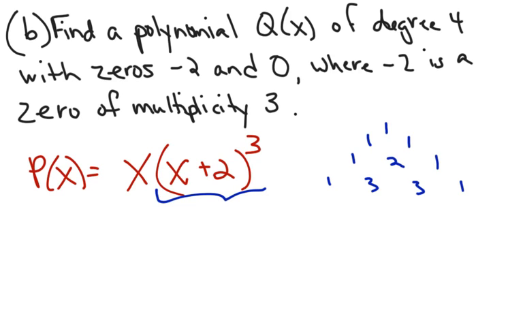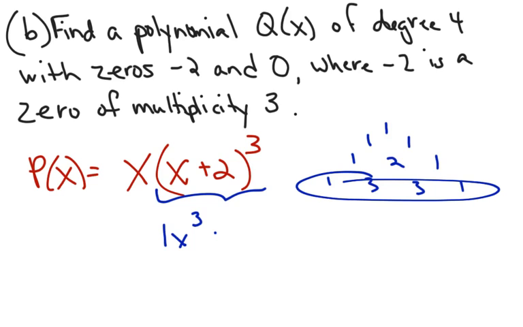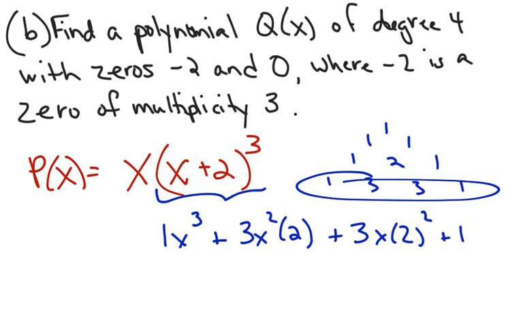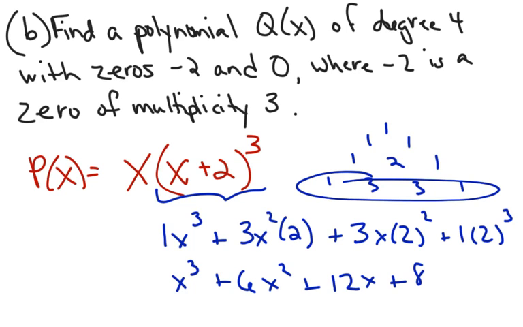So raising something to the third power means use the coefficients from the third row. So it's going to be 1x to the third plus 3x squared times 2 plus 3x times 2 squared plus 1 times 2 to the third, which is x cubed plus 6x squared plus 12x plus 8.